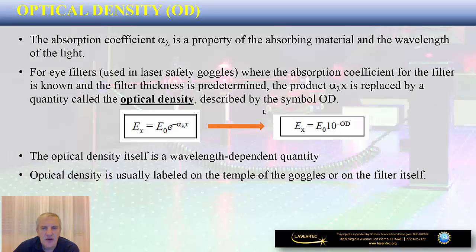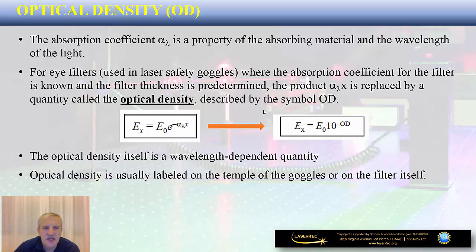If we are using that single quantity, our formula is slightly updated. As you can see on the right-hand side, we are not going to be using the natural base e, but the base 10 in the factor on the right-hand side. And instead of using two quantities, the coefficient alpha and the thickness x, we're going to be using one single quantity, OD, that determines the optical properties of the eye filter or laser safety goggles that are being used.